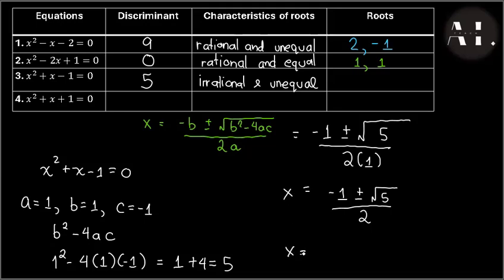So the roots are negative 1 plus the square root of 5 over 2 and negative 1 minus the square root of 5 over 2, which are irrational and unequal.